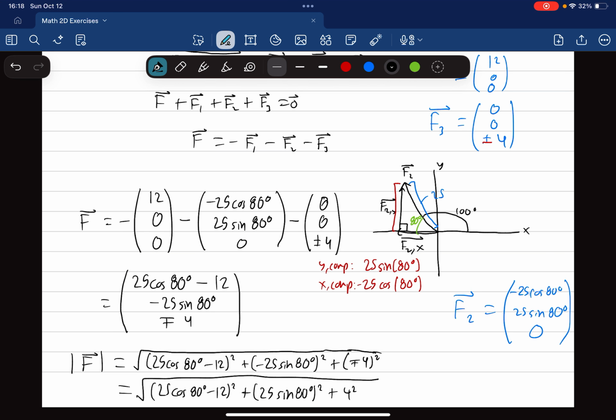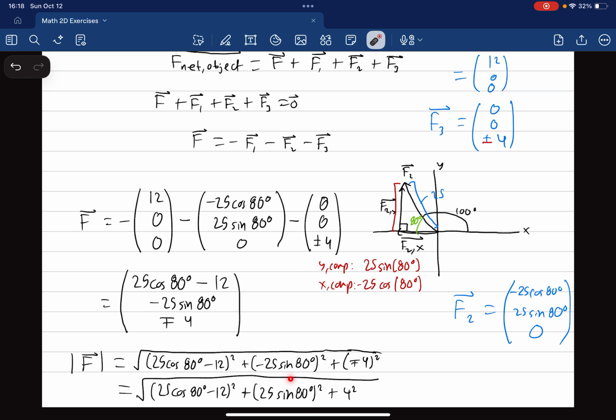And here the intent is to use a calculator, there's little hope to evaluate this by hand.